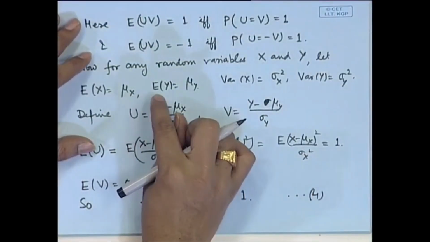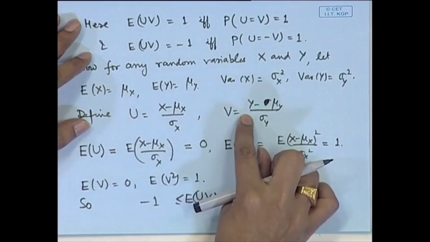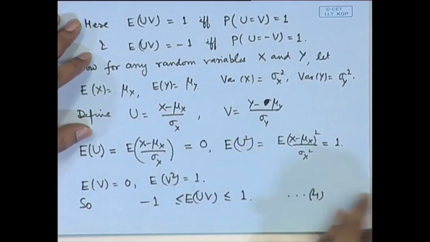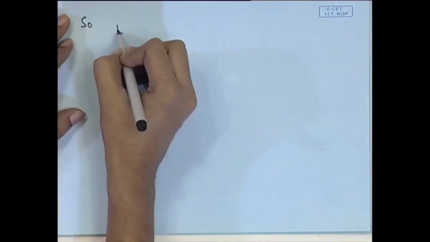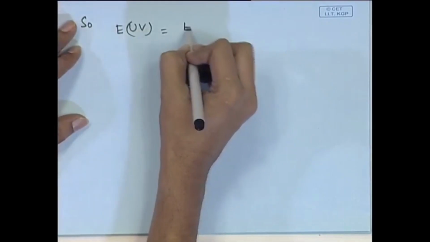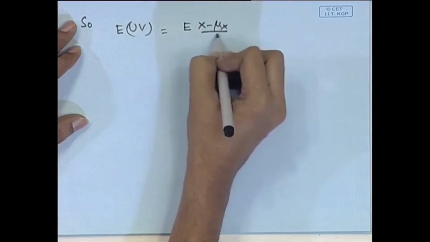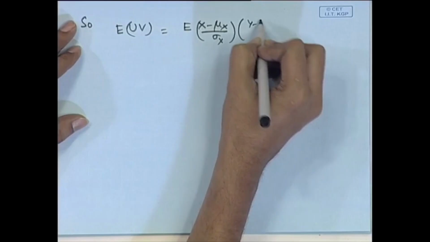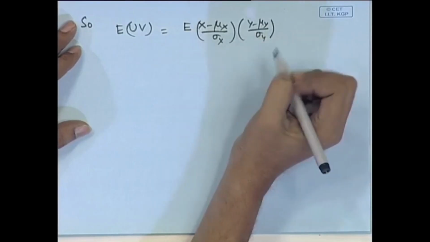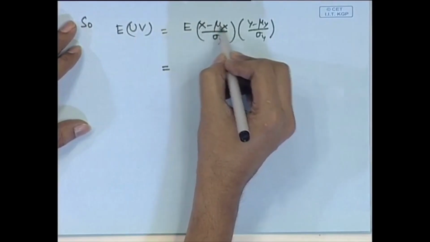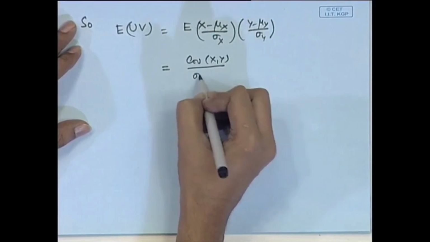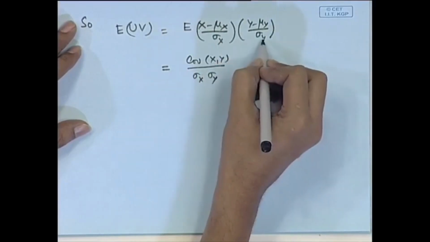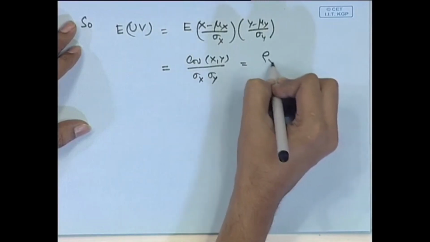Now, for any random variables X and Y, when U and V are defined like this, what is the expectation of UV representing? So, expectation of UV is equal to expectation of (X minus mu X) by sigma X into (Y minus mu Y) by sigma Y. So, the numerator here is simply the covariance term between X, Y divided by the standard deviations of X and Y, that is the correlation coefficient between them.